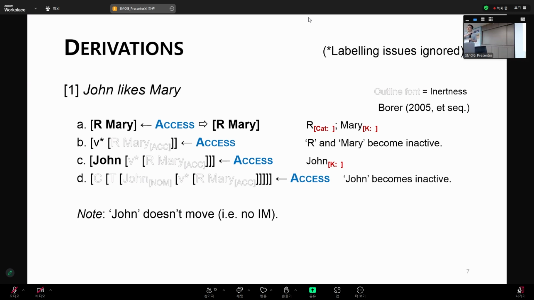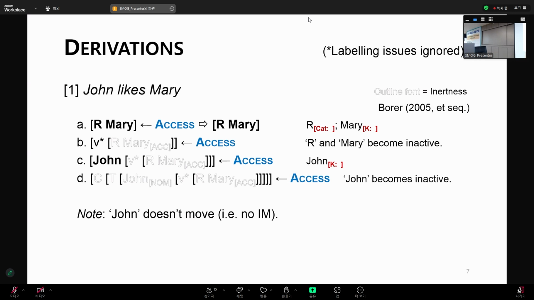Therefore, both become fully interpretable, meaning that they are rendered inaccessible or invisible, indicated by the outline fonts. And the next step, the subject is introduced, and for the same reason as with Mary, John at this stage remains accessible without its case feature specified. Skipping one or two steps, finally C and T are introduced, and then as you can see, everyone is happy here.